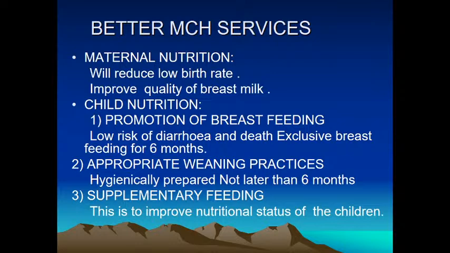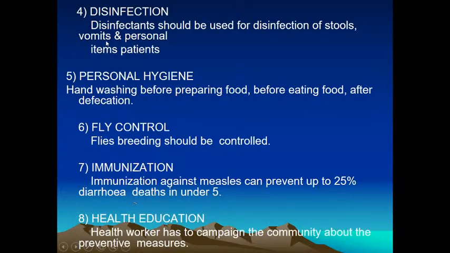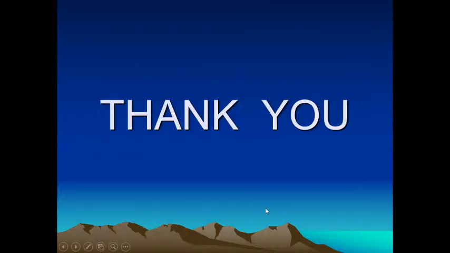Supplementary feeding should be done, and sanitation should be looked at: improved water supply, excreta disposal, food, disinfection of stools, personal hygiene, hand washing. Everywhere we talk about hand washing before eating and after defecation, fly control, and immunization, especially against measles, which is co-associated with this disease and causes harm, and health education of workers is very, very important. That's all that we have for you.